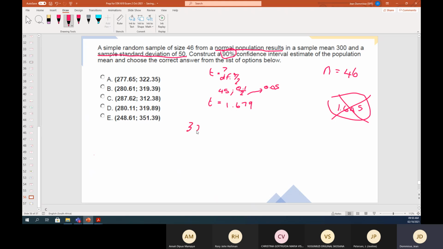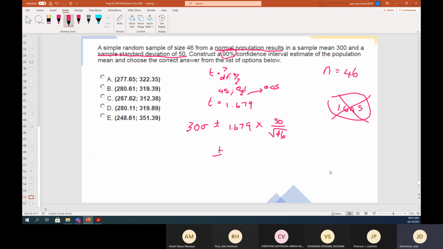So your sample mean is 300, plus minus your t times the sample standard deviation of 50 divided by the square root of n. I'll copy what Christina did as well.